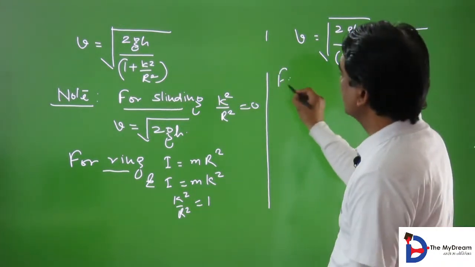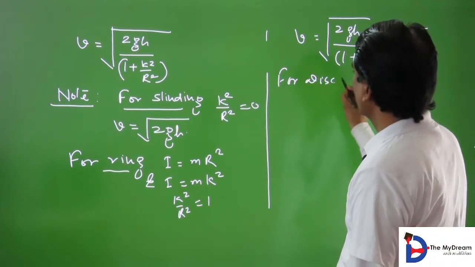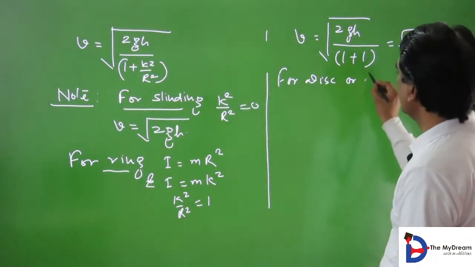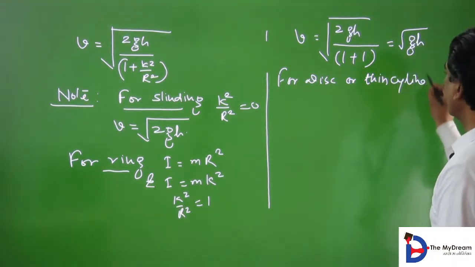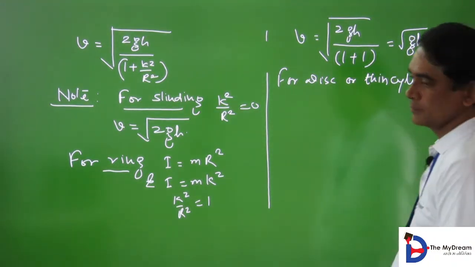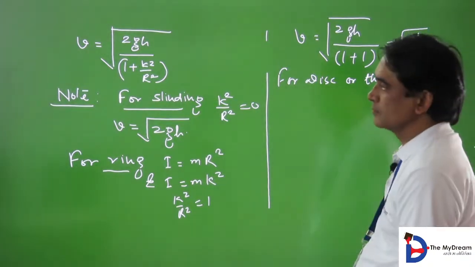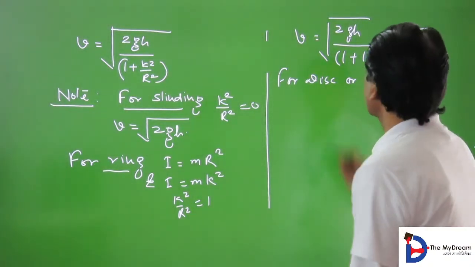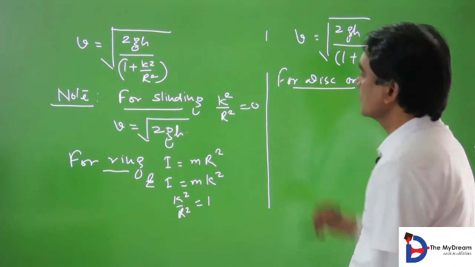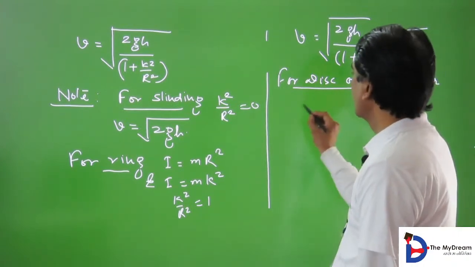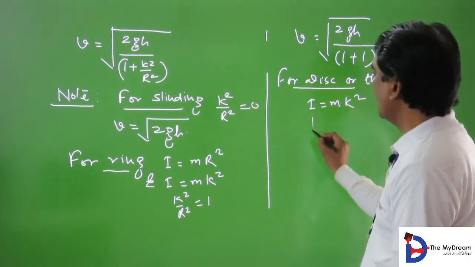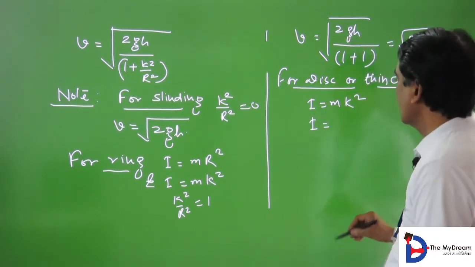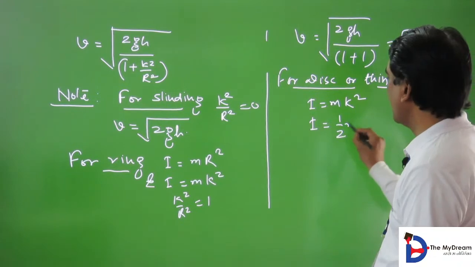For disc or cylinder, the moment of inertia is given by mk square, and the moment of inertia, that is half mr square.